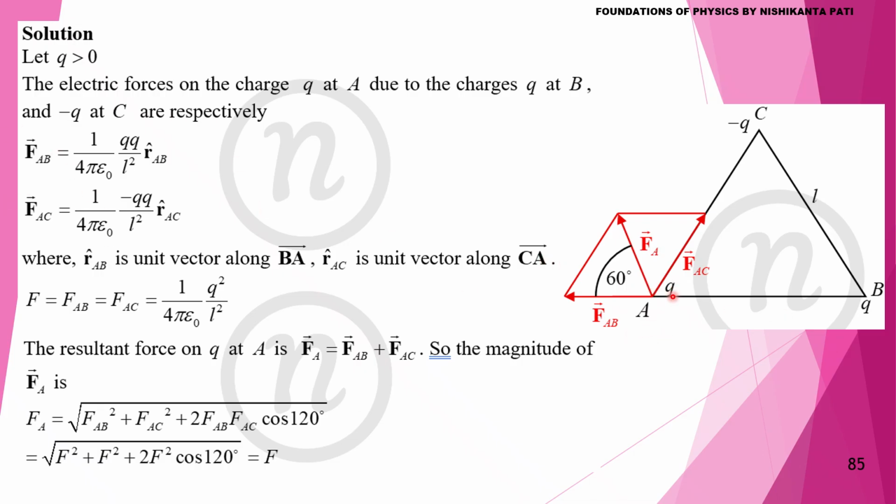The force on Q by Q is this, R cap AB unit vector directed this way. The force on Q by this is this much, R cap AC unit vector directed this way.